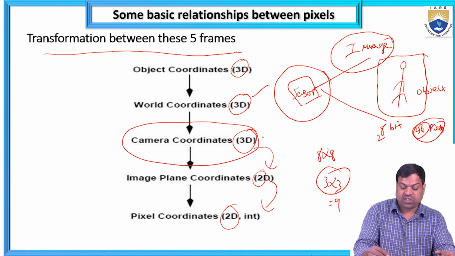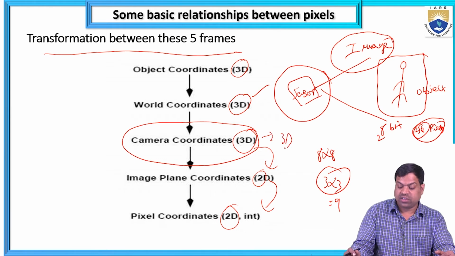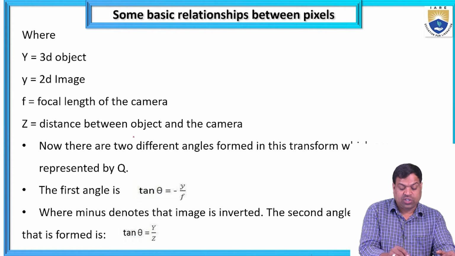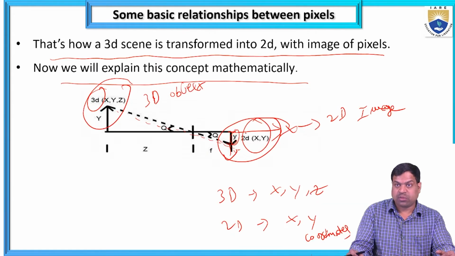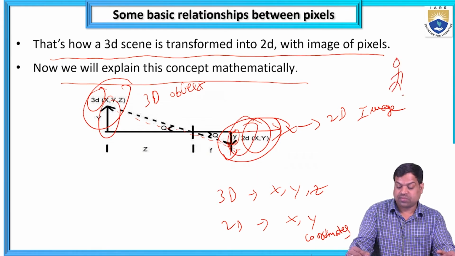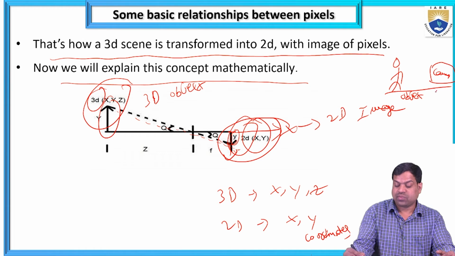Already the camera is in 3D. And z is the distance between the object and the camera. It is the object with the camera, a 3D and a 2D.